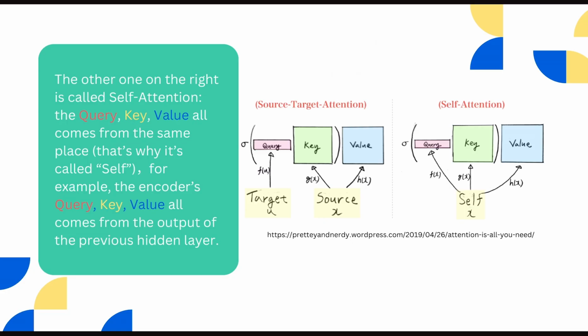Now the question is, if we have only encoder models or only decoder model LLMs, how are we getting this QKV? In the case of transformers, the QKV can be generated using self attention. In that case, the source can be only an encoder, or only a decoder. You don't need both decoder and encoder to generate this Q, K and V. So these are the two different processes. I hope this makes sense: source target attention and self attention.